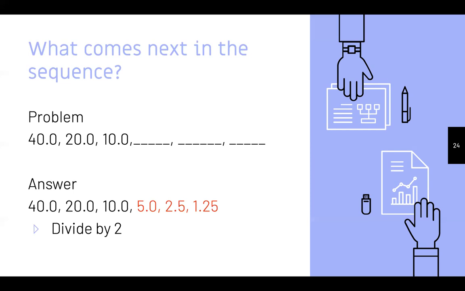Right? We're still not even in decimals yet, right? 10 divided by 1/2, 10 multiplied by 1/2 is 5. 5 multiplied by 1/2 is 2.5, right? Now we get into those decimals, right? What's half of 5? 2.5. Maybe you just know that off the top of your head, right?